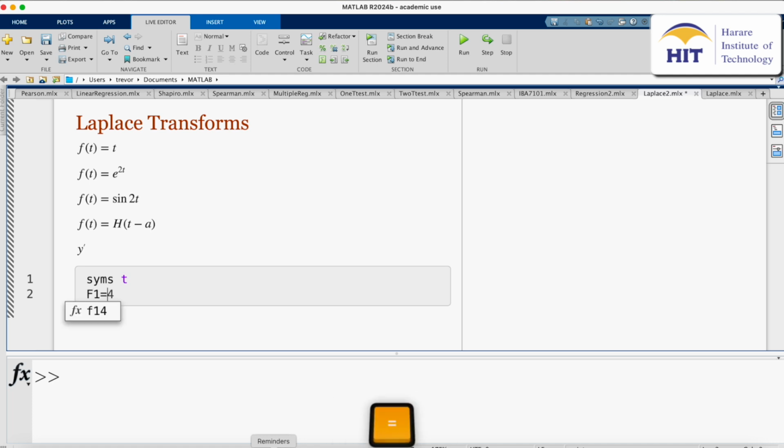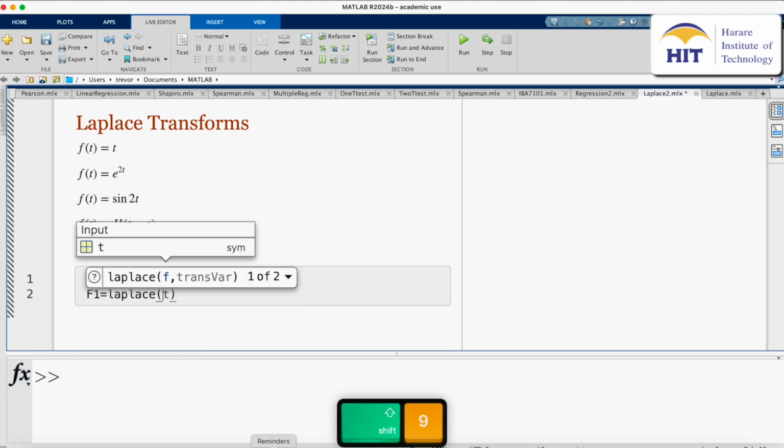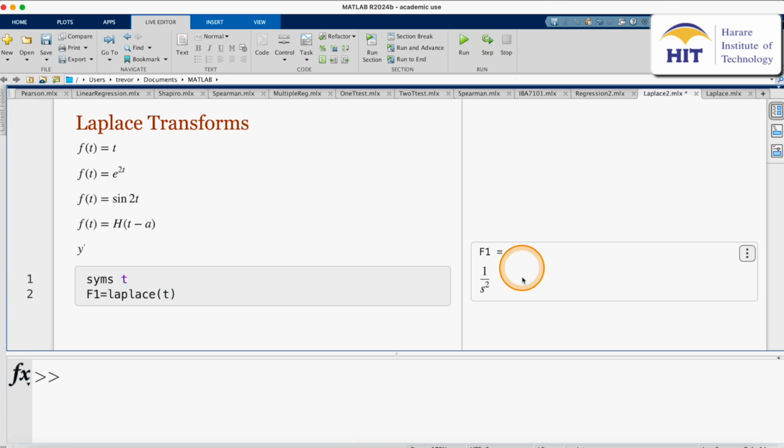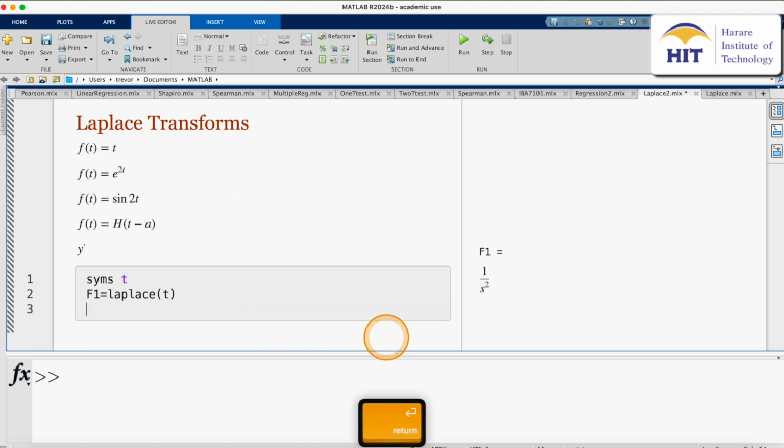My first solution is equal to laplace, open parenthesis, we put in our variable t, and then run. So we have the Laplace transform of f of t equal to t is 1 over s squared.